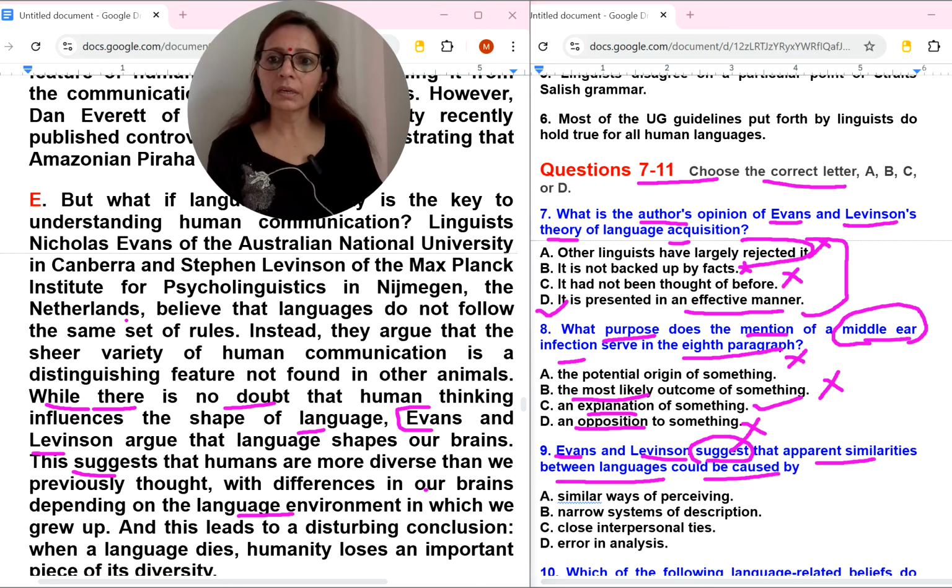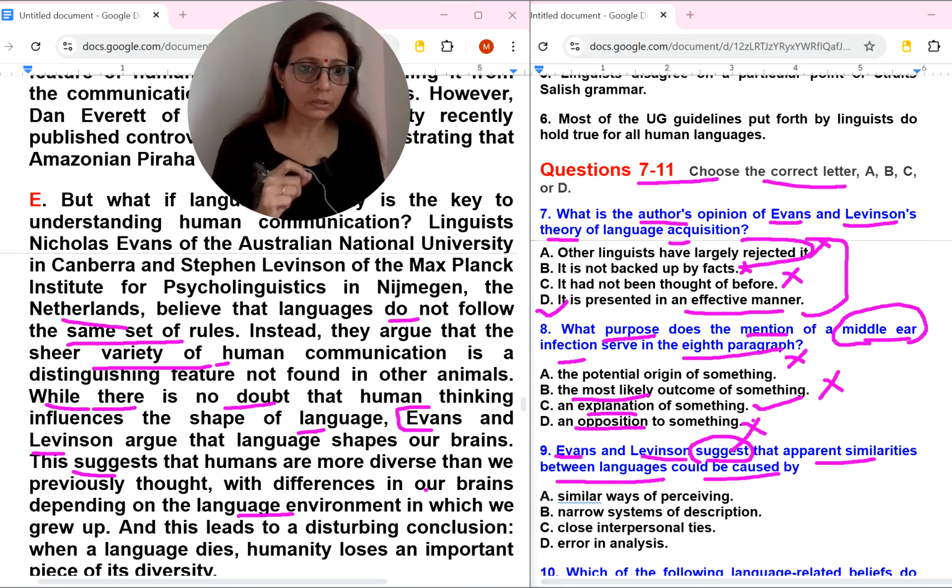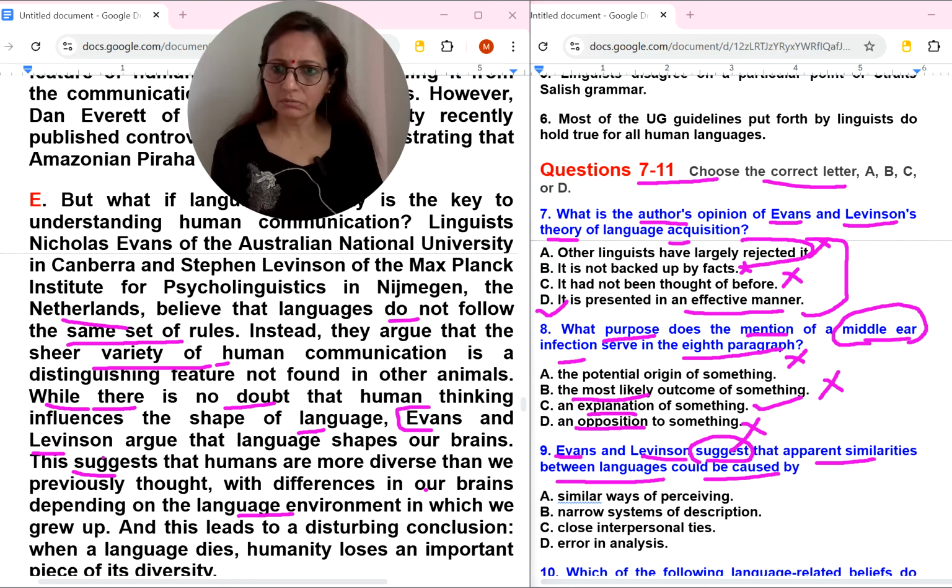Here also you can read, believe that languages do not follow the same set of rules. Instead they argue the sheer variety of human communication. No, we are looking for similarities between languages could be caused by. This suggests that humans are more diverse than we previously thought, with differences depending on the language environment.